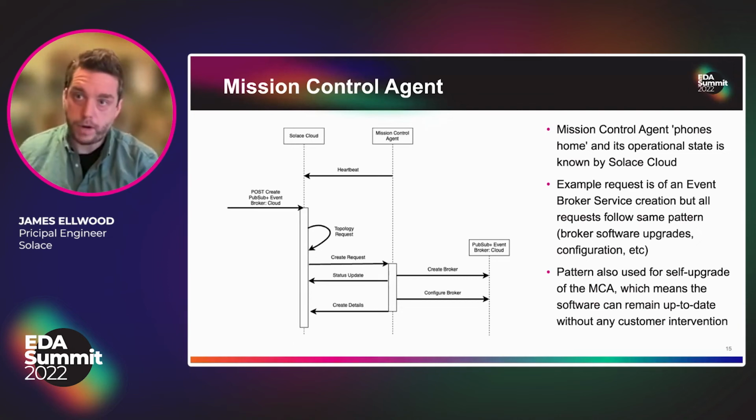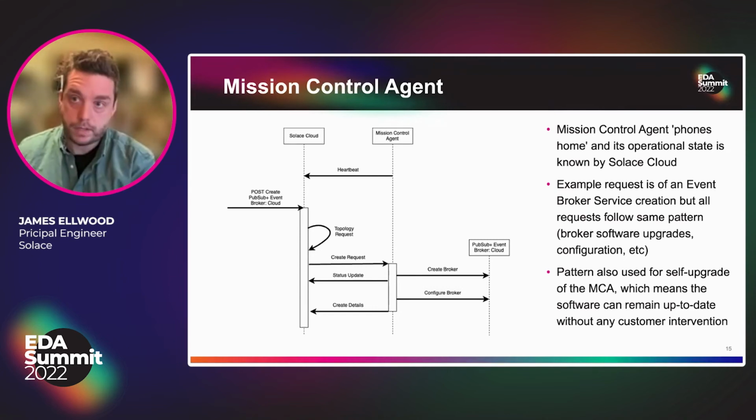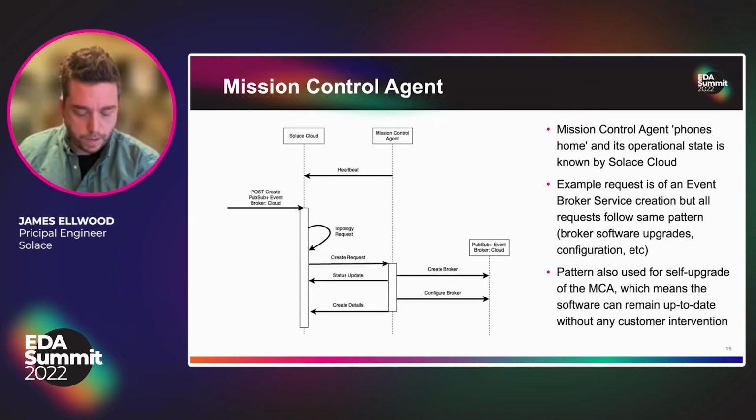All MCA operations are idempotent. As the MCA performs the operation, it sends status events back to Solace Cloud so that we can display status to the customer on the Solace Cloud console. As well, once the creation is complete, we send a response back to Solace Cloud with all the details of what was created.